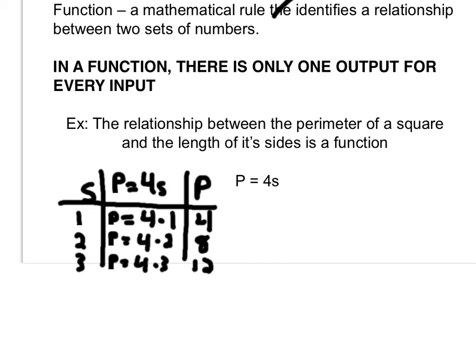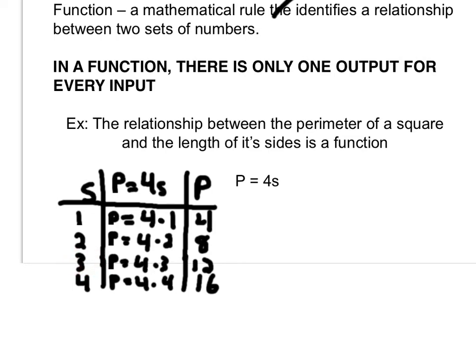And we'll do one more. If I were to put in 4, okay, if I have a side length of 4, then the perimeter is equal to 4 times 4, which is 16. So notice, up here it says that in a function there is only one output for every input. So when I put in the number 1, the only thing I can possibly get out is the number 4. When I put in the number 2, the only thing I can possibly get out is the number 8.